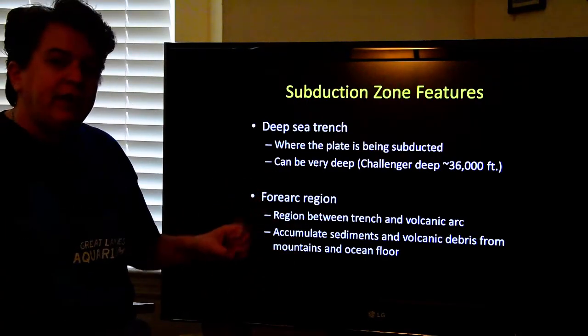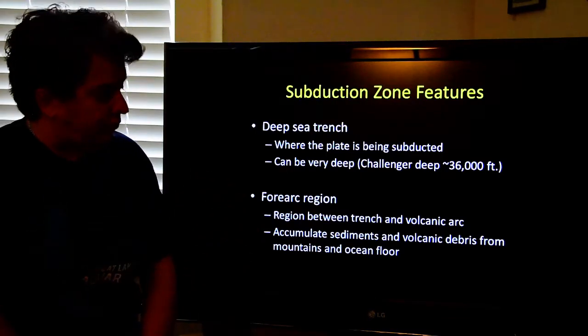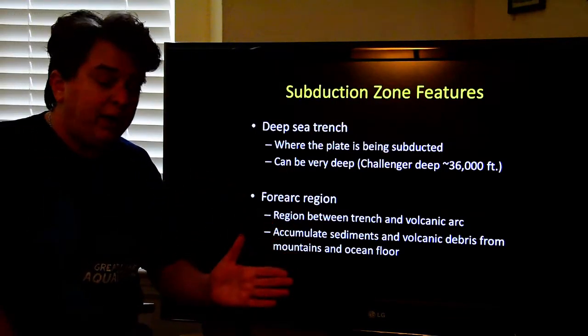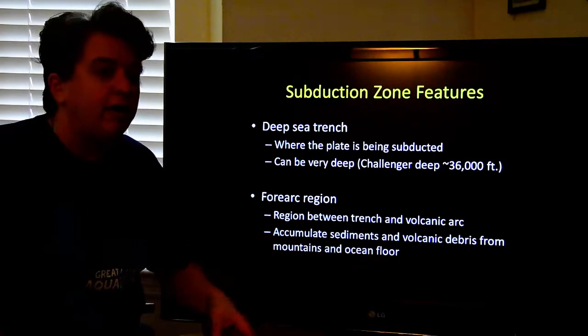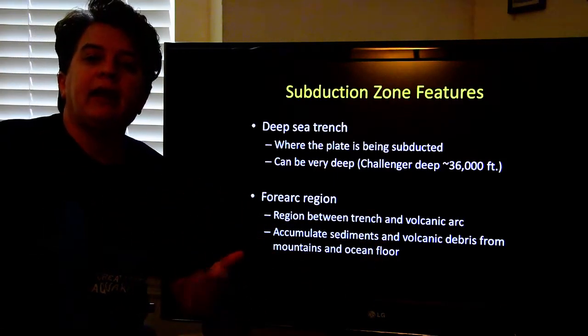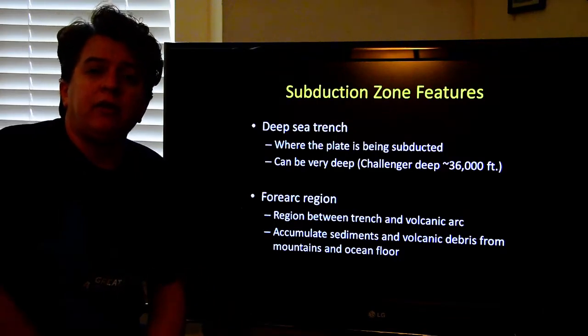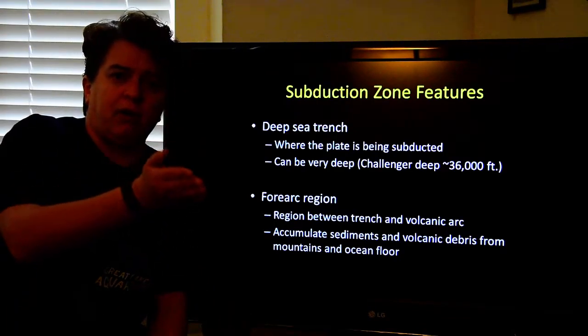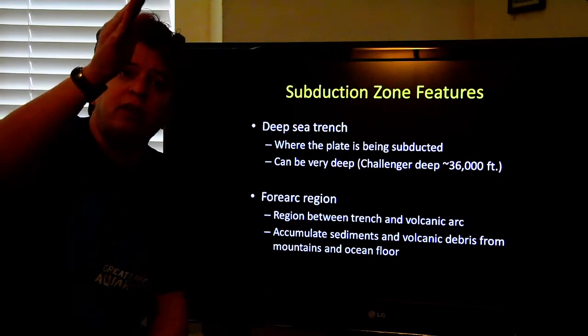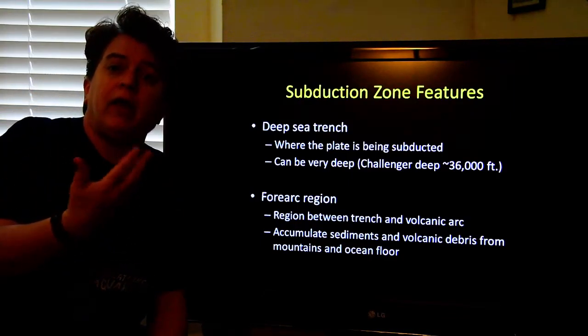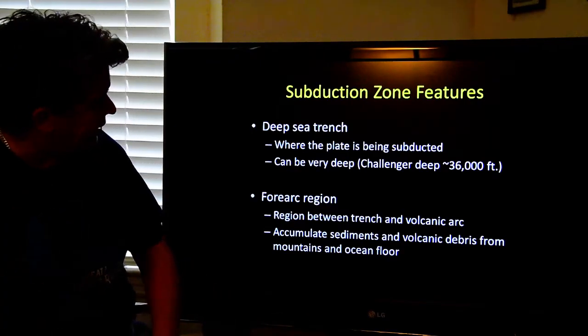And then we have this region that's called the forearc region. And this is between the trench and the volcanic arc. And the volcanic arc is simply our volcanic mountain range. It's called an arc because an arc is part of a circle, and these volcanic mountain ranges usually are curved in some way. And so that's why they get that name.